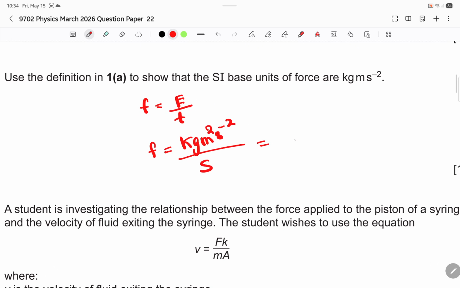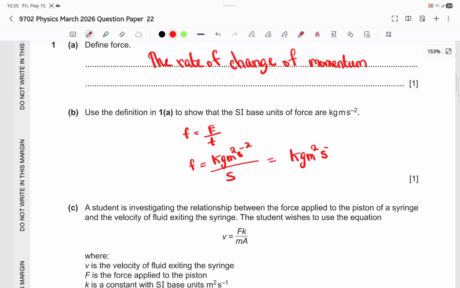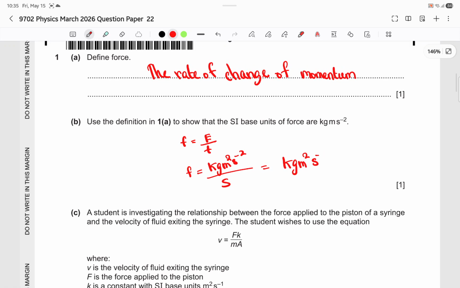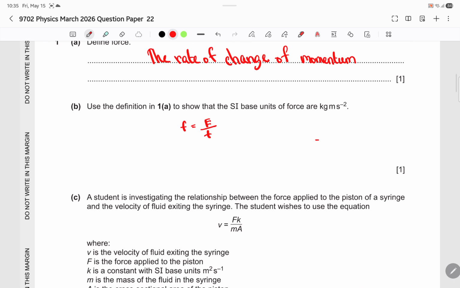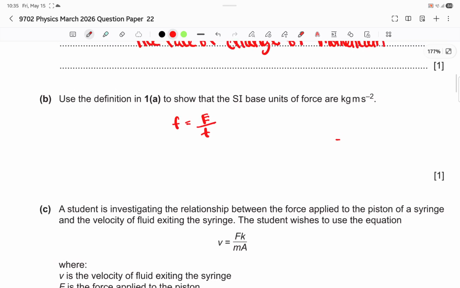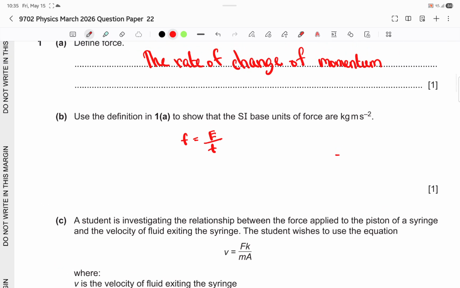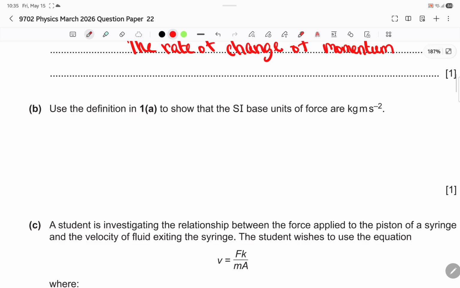So if you divide this, you get kg meter square s to the power minus... wait, hold on. We have to use the definition, right? We cannot do it like this. We have to use the definition.